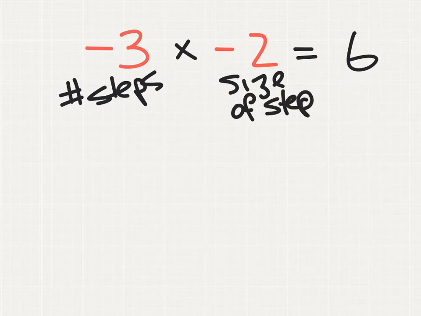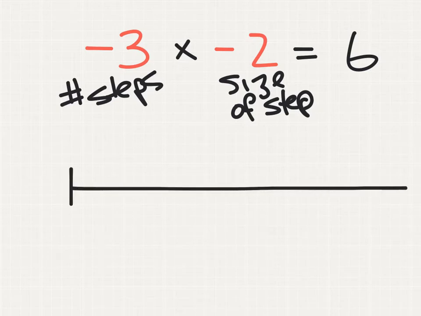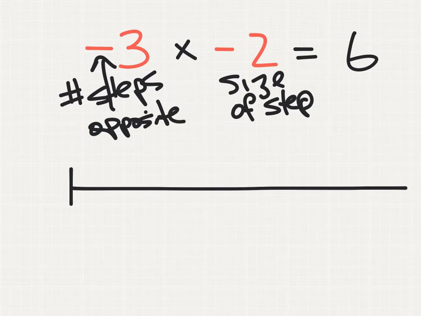Now, can I take negative steps? Oh, it certainly doesn't sound like I could. But I can take the opposite of 3 steps of -2. On my number line, I'm going to model the opposite of 3 steps of -2, which would be 3 steps of +2.